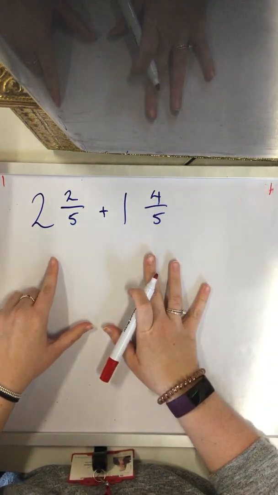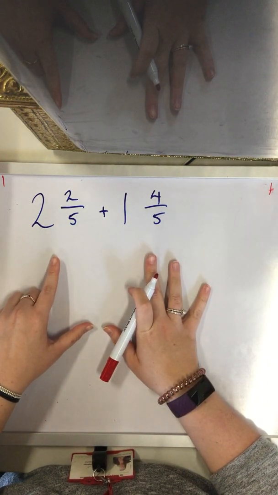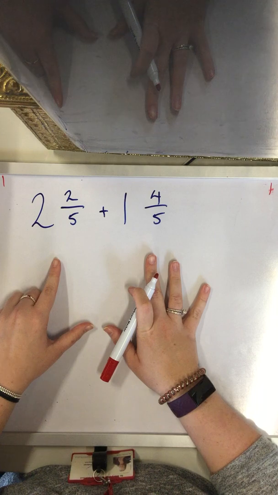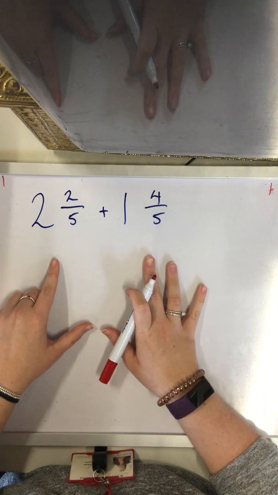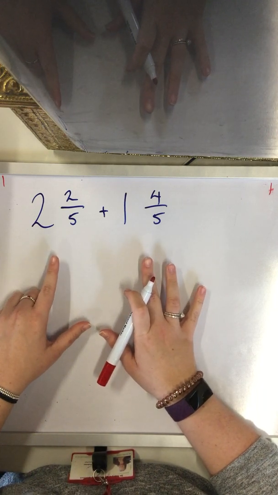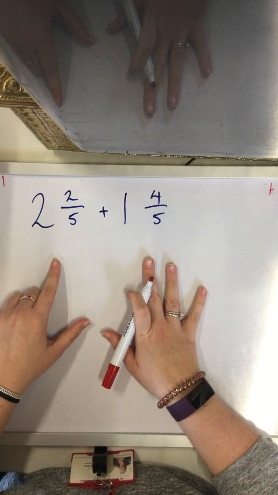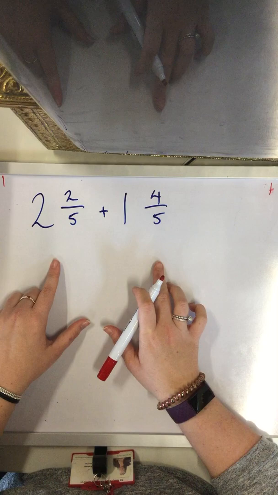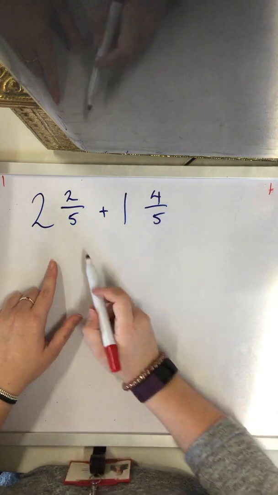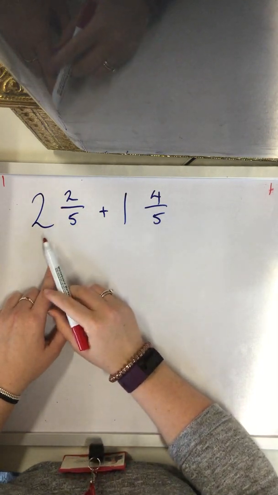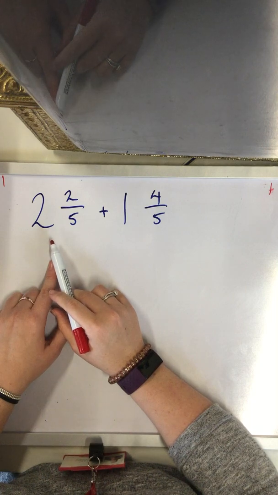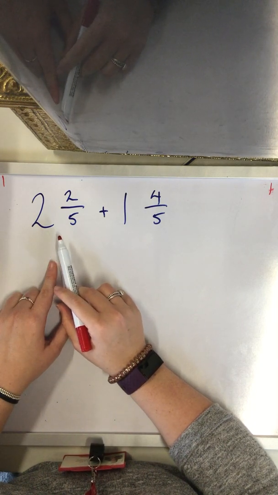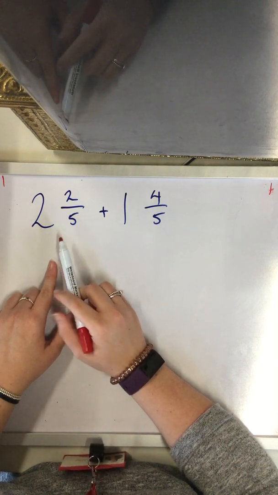So we're going to have a go at converting these first into improper fractions. Remembering from yesterday, and if you are still a bit unsure about this step, there are videos or website links on our Home Learning Hub page for you. So step number 1, we're going to convert 2 2/5 into an improper fraction.